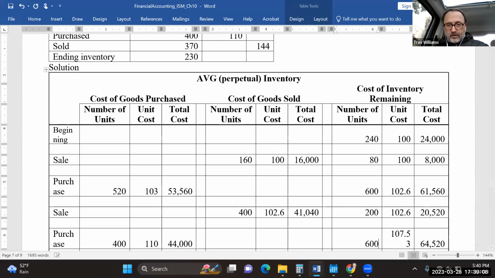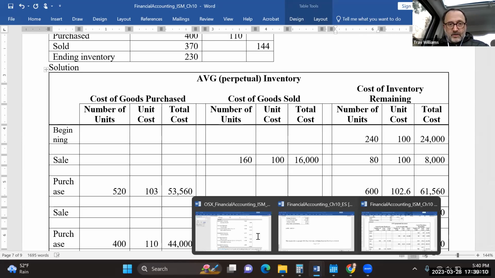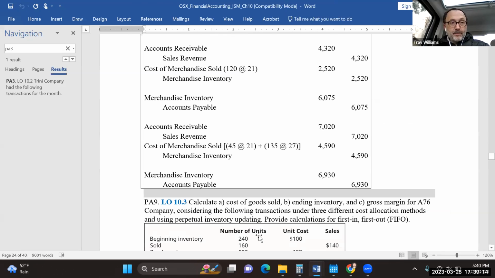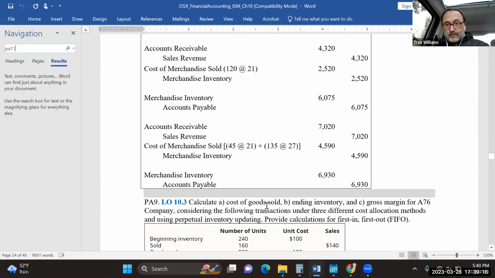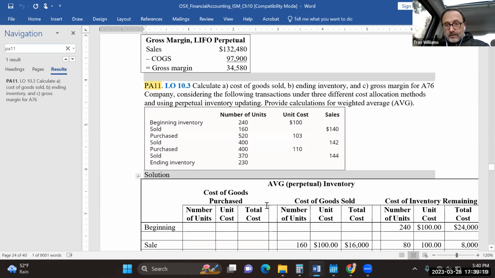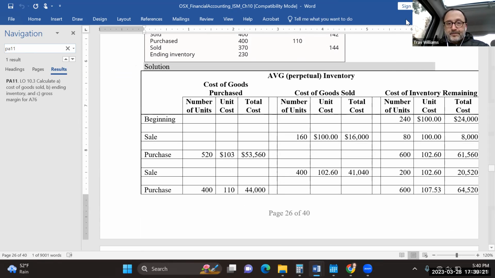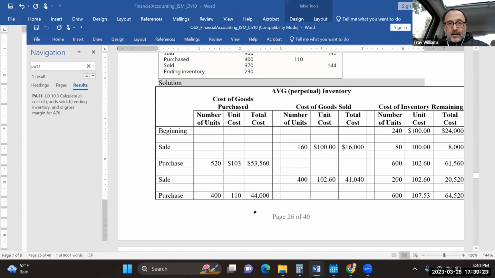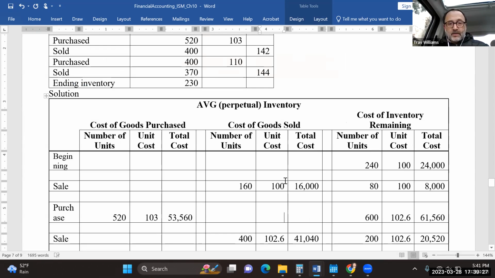Okay, let's make sure everything's looking correct so far. So this is number 11. Yeah, 107.53, good. Okay, and then we have a final sale of 370 units.